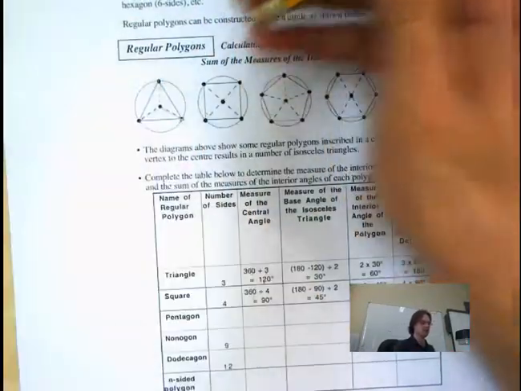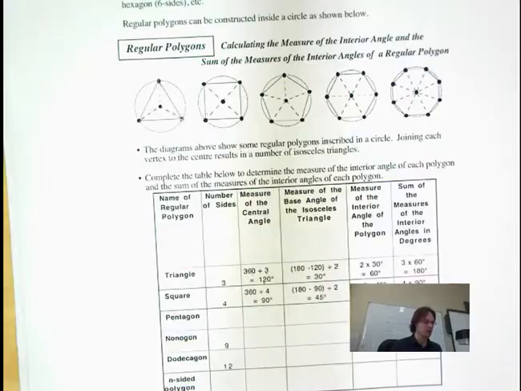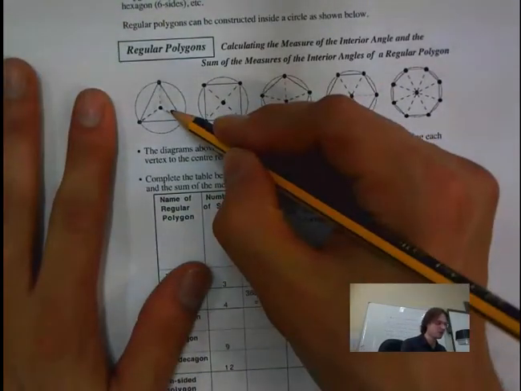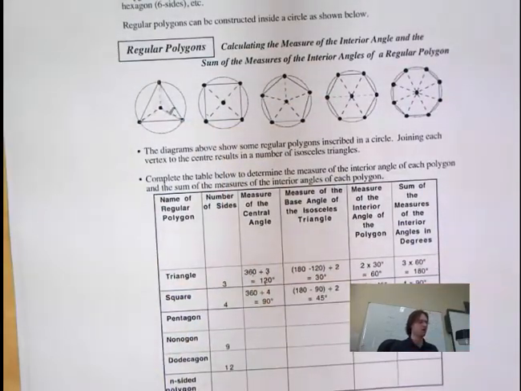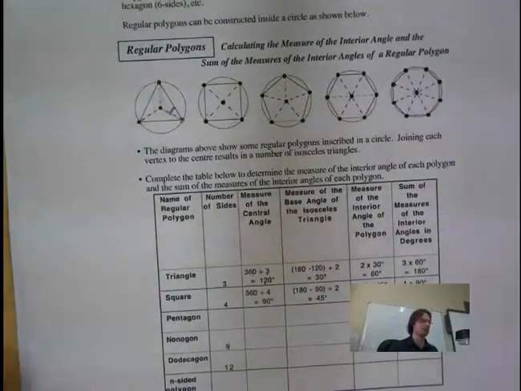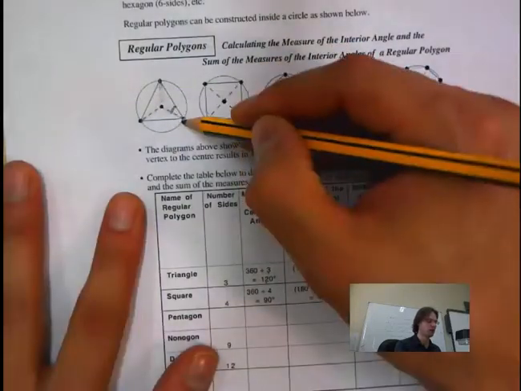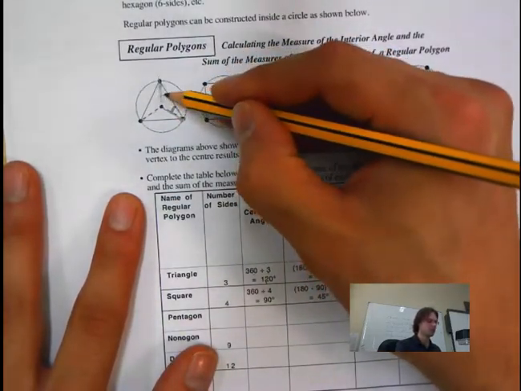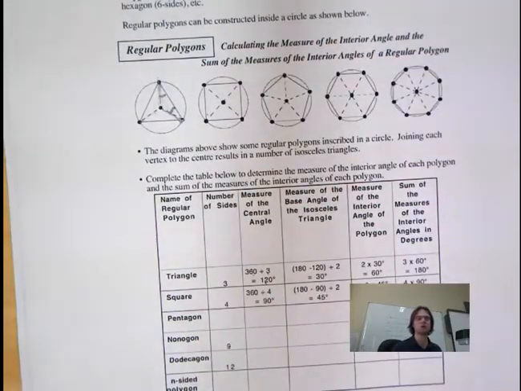Okay? So the next one we're going to look at is the base angle of this interior triangle. The base angle is this guy here. Looking at this, these are all isosceles triangles because these are all radii going in. So these distances must be equal. Therefore, this angle must be equal as well.